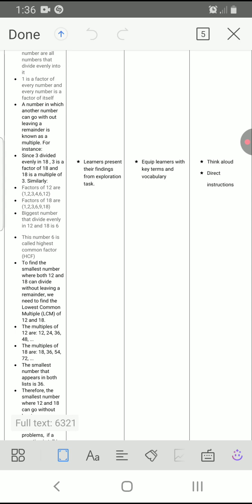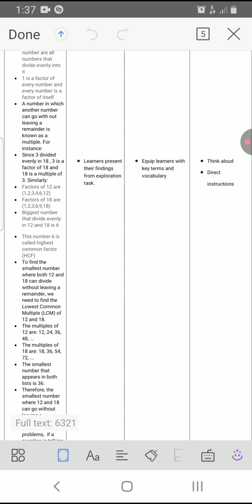The learners' main activity here is to present their findings from the explanation and exploration, and the teacher will just be guiding them. After they finish presenting, the teacher will come in and explain the entire concepts by introducing the keywords and the vocabulary on the topic.